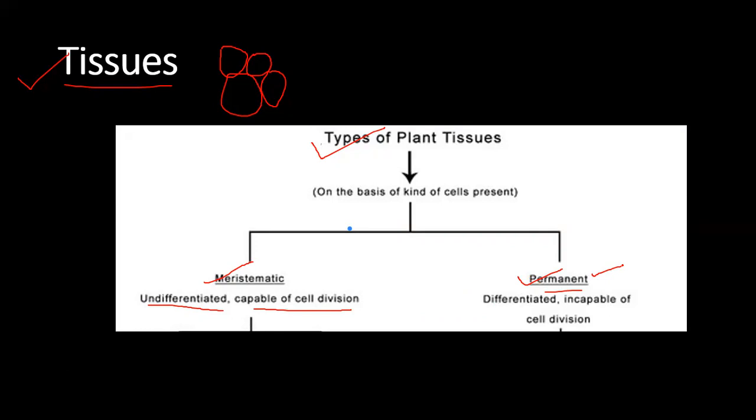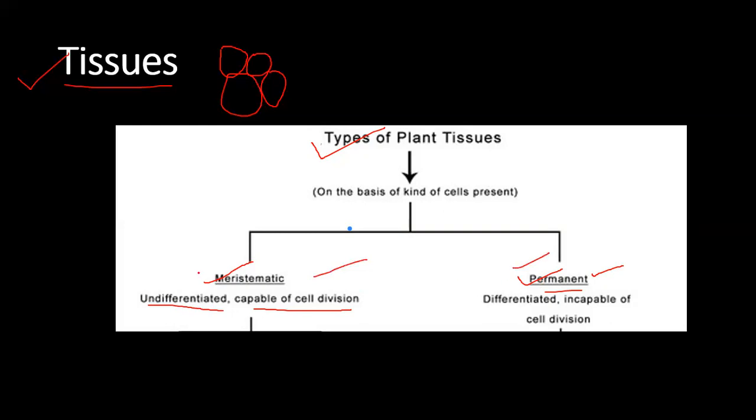Permanent tissues are differentiated, matured cells, and they have lost their cell division capacity. These are the two main categories of plant tissues: meristematic tissue and permanent tissue.